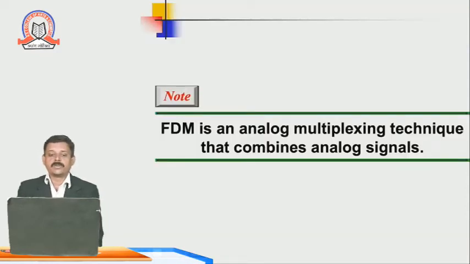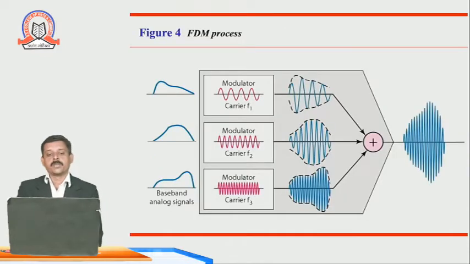We have to keep one thing in mind: FDM, frequency division multiplexing, is an analog multiplexing technique that combines analog signals. In diagram 4 we have the FDM process.